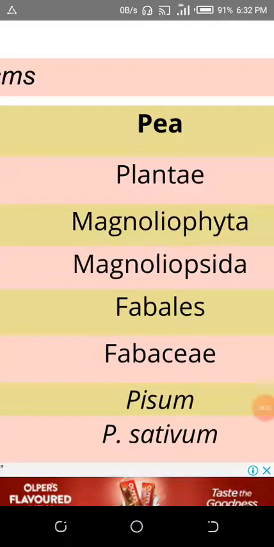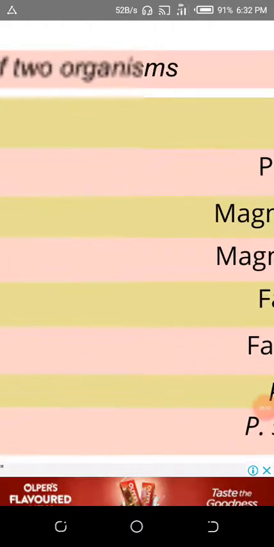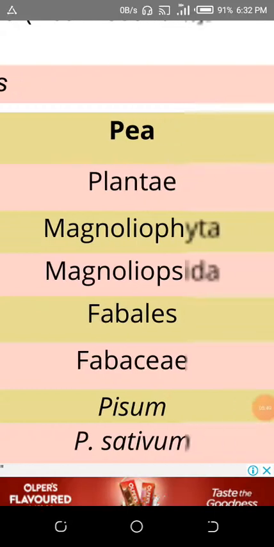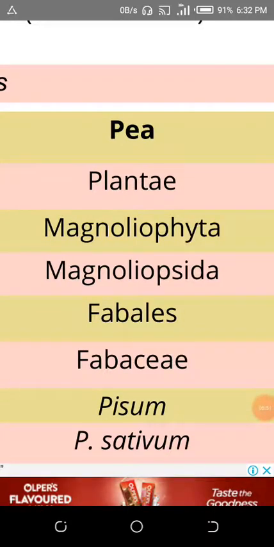In spite of the classification of any other animal or living thing, you are giving second importance to the pea plant in our book. The author gave importance to the pea plant.